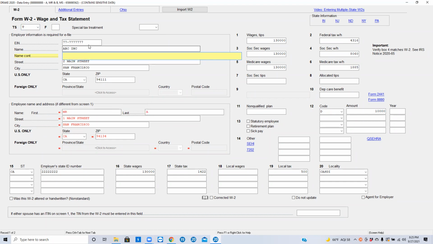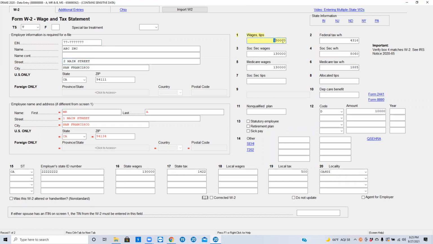Now, this is the W-2. The company issuing the W-2, the boss, is called ABC Inc. And this is the EIN number, 7 all the way, and this is not the real EIN number. And this 2 Main Street is their address.